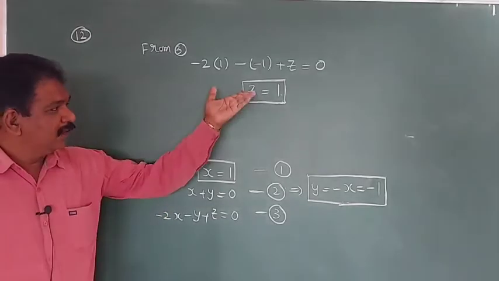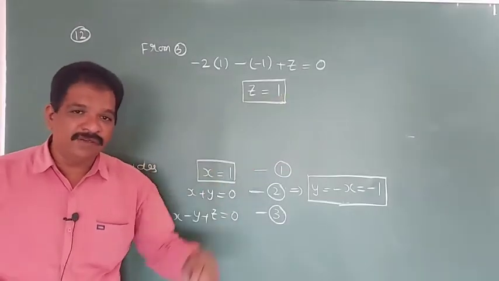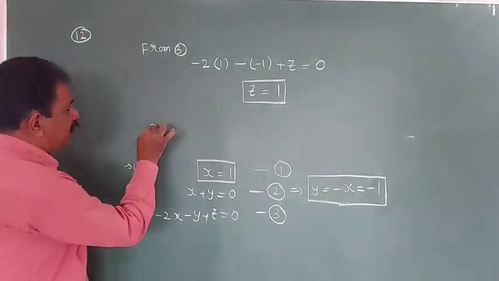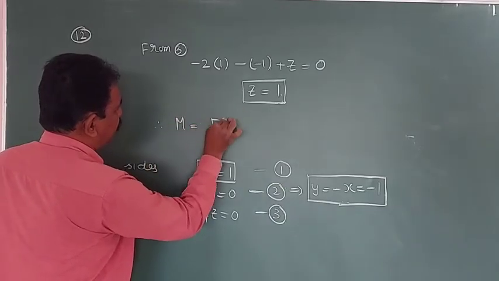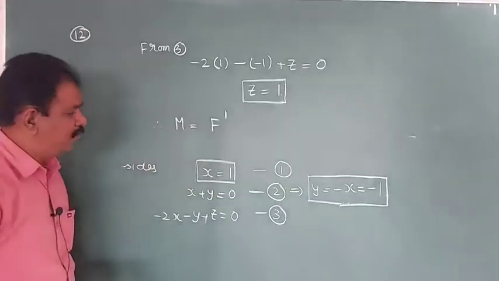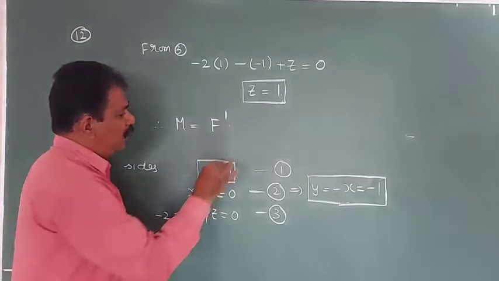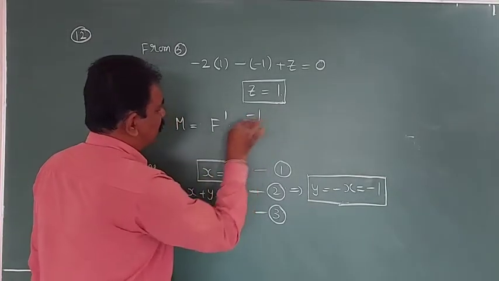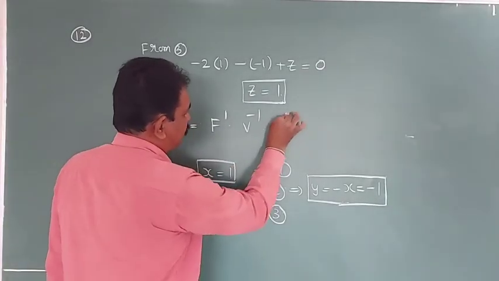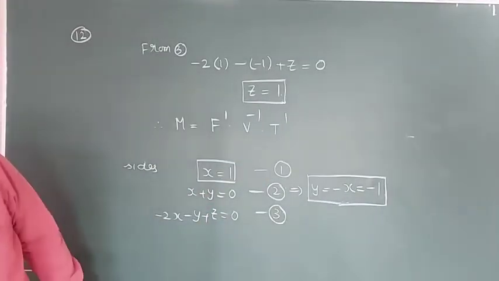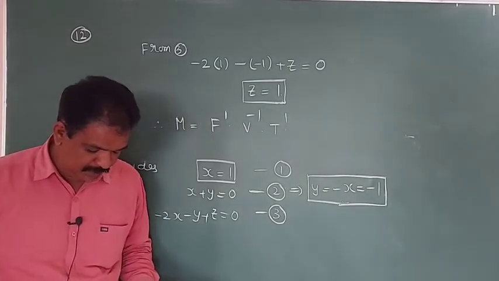Okay? Then substituting x, y, z values in equation 1, therefore m is equal to F power x, F power 1, v power minus 1, v power y, t power z. This value will be t power 1. So how much we will get?